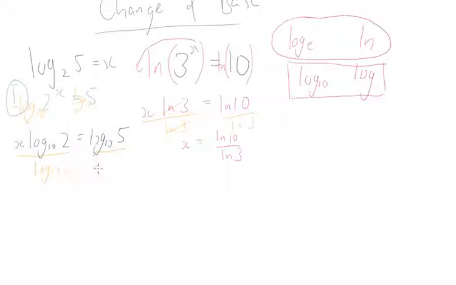They cancel, so x equals log base 10 of 5 over log base 10 of 2. Like I said, I generally prefer that method.